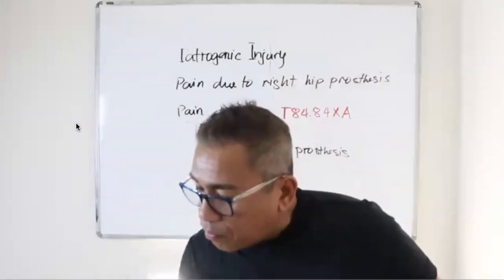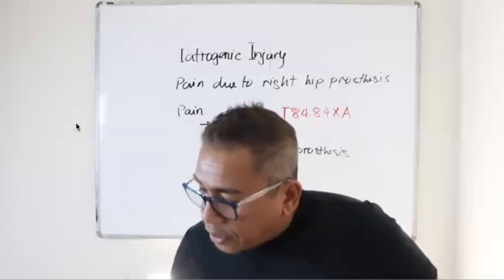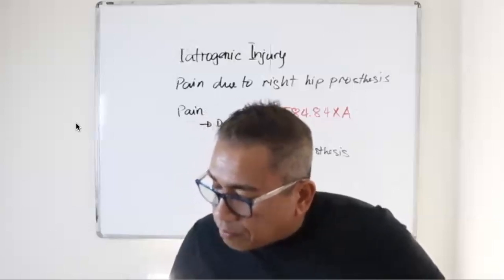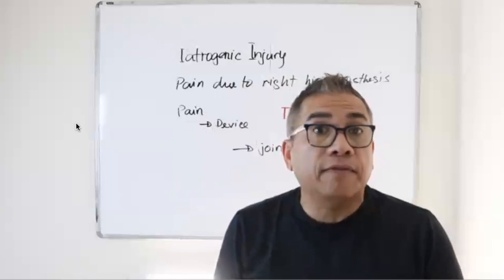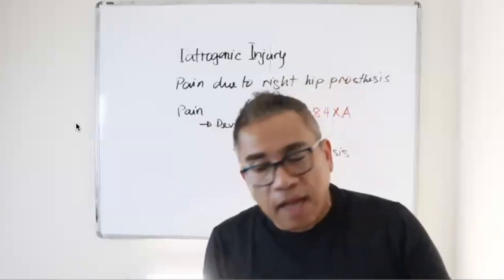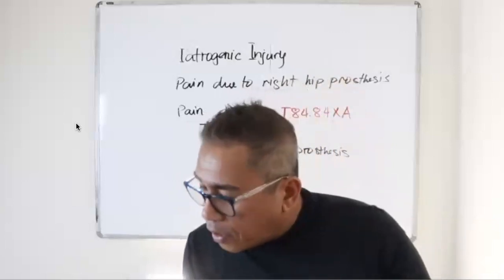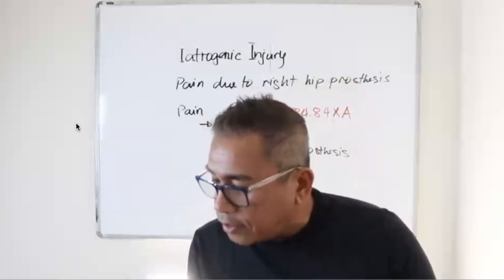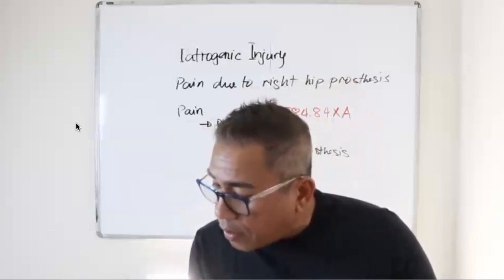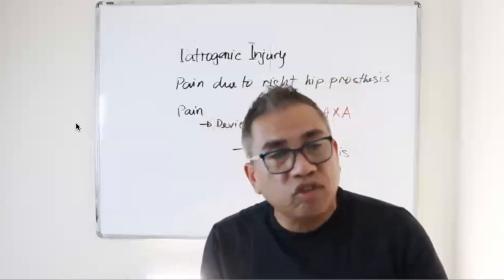And if you want to be more specific, the T8600 is about the bone marrow transplant. If a patient had a bone marrow transplant and it's not working, you are to assign a T8601 for bone marrow transplant rejection.